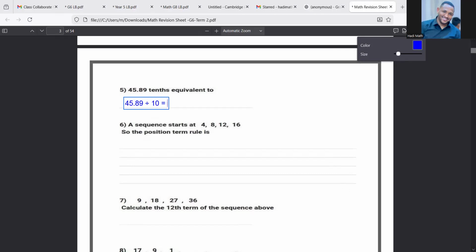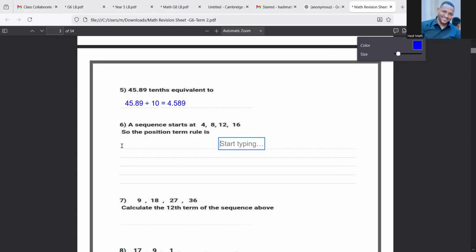And when you divide this number by 10, you just move the decimal point one place to the left. It's going to be 4.589.